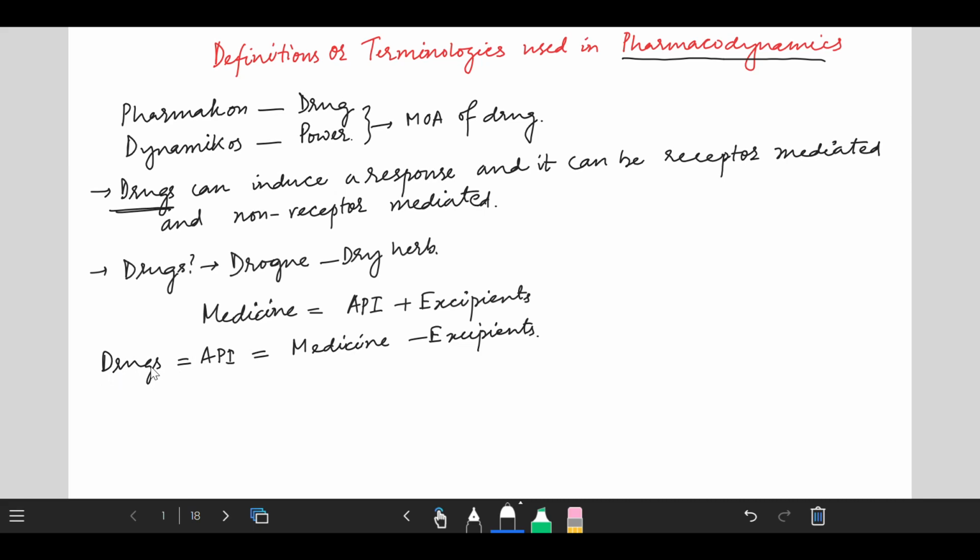Okay. Now, I have used the term receptor. So we will understand about receptors. These are specific cellular macromolecules. What kind of macromolecules? Proteins that interact with a ligand by binding to produce a response.